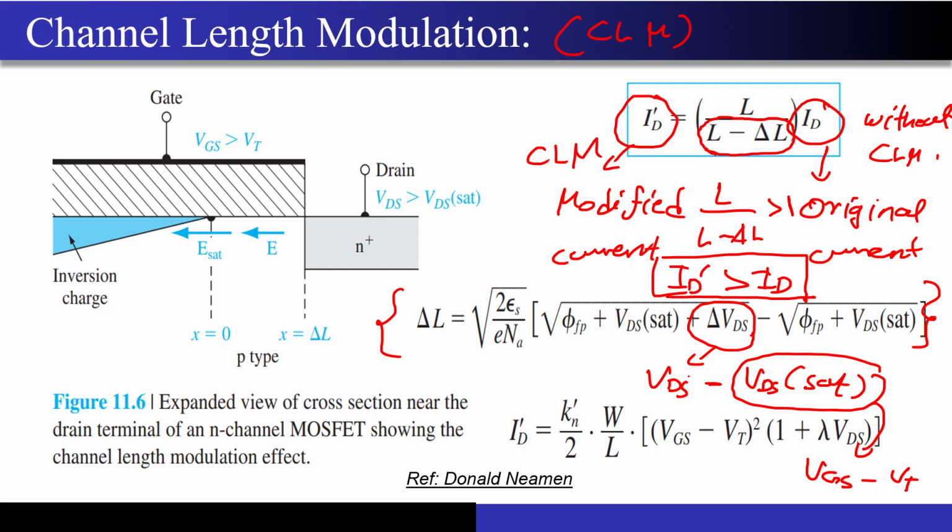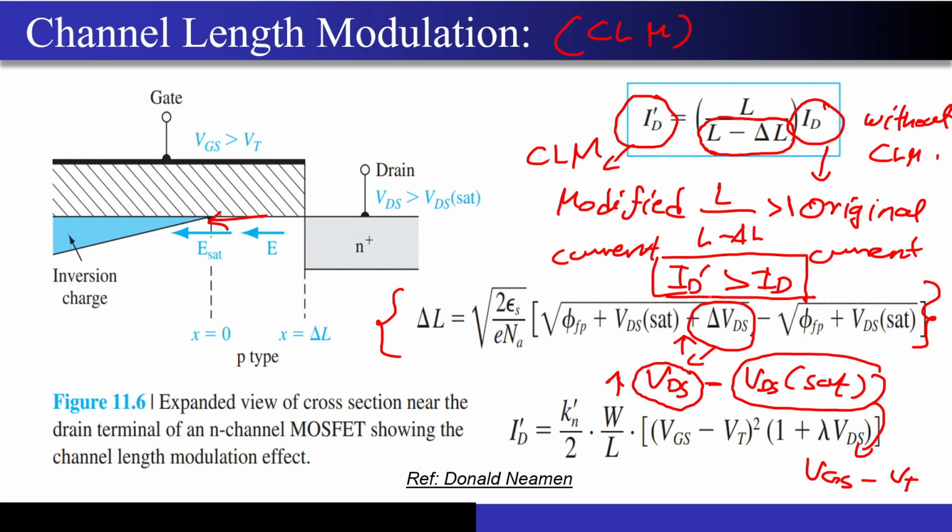As I keep on increasing the value of VDS, my channel will start to shift on the left side. And I already told you, if this happens, then your modified current will be increased. So let's see what happens in this formula. If the VDS that you are applying increases, then your delta VDS will increase.